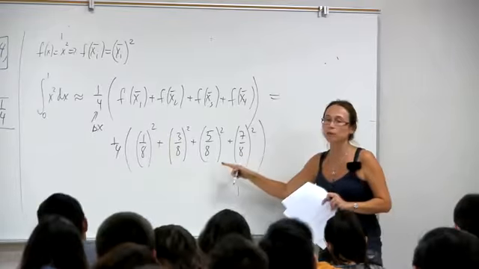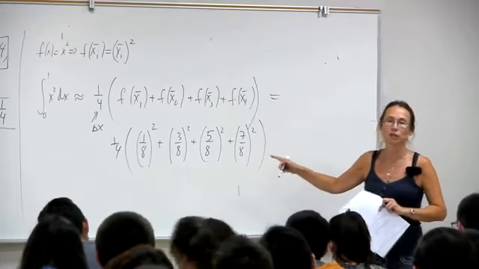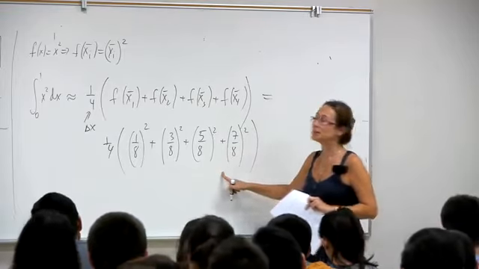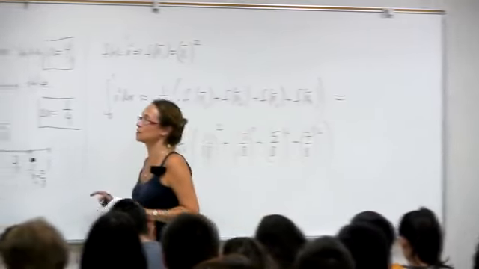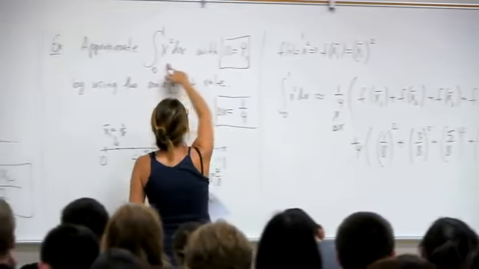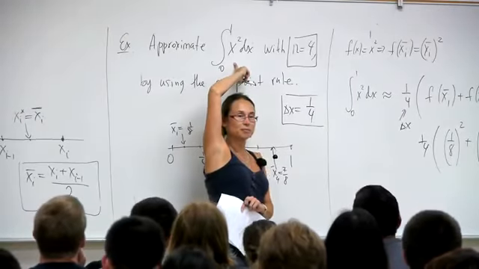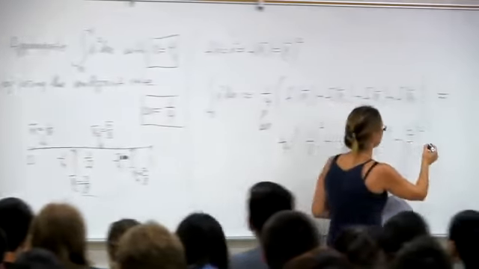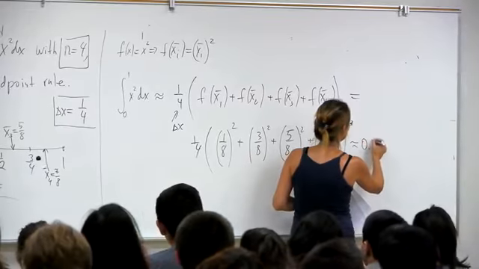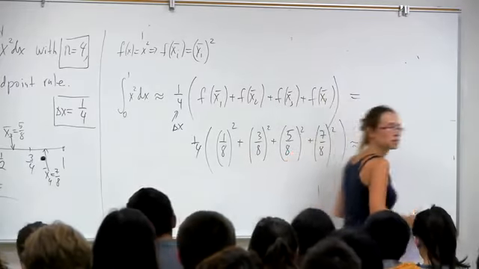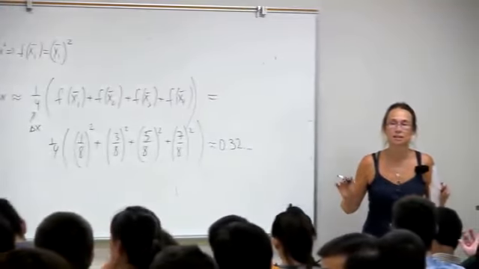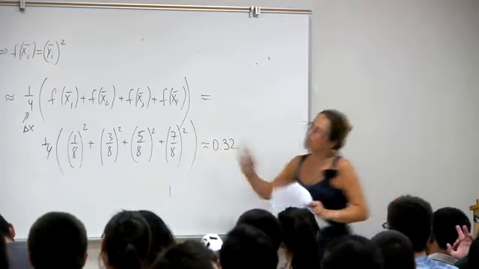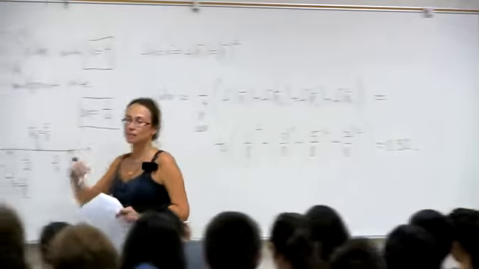So if you put it in your calculators, maybe one of you can do it here, if you have a calculator. We're going to evaluate this number, okay, and see how good this approximation is to this integral. What's the exact value of this integral? 1/3. We did it last time, right? So this is going to be something like 0.32, I believe. So it's not going to be precisely the exact value, but it's going to approximate it. And if we take a higher n, we'll get a better answer.